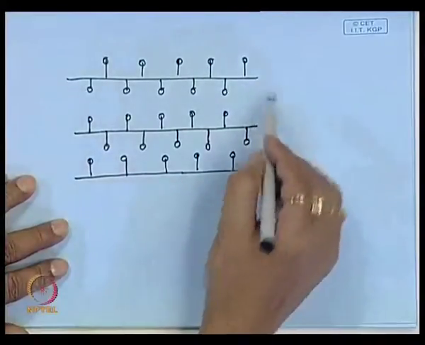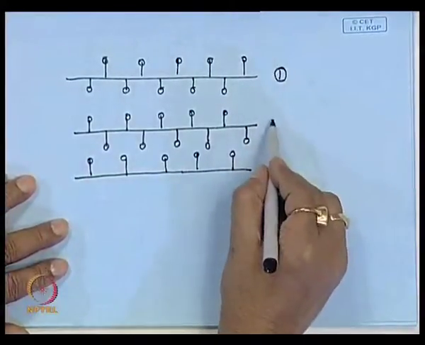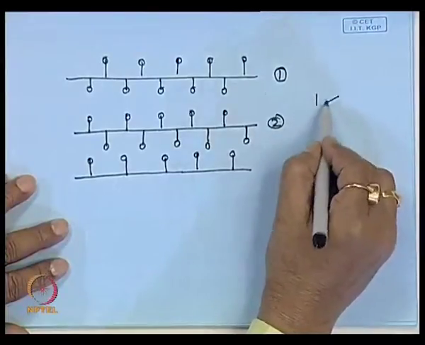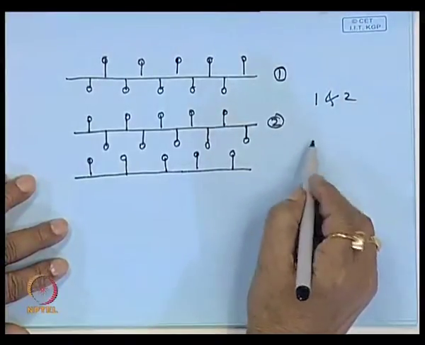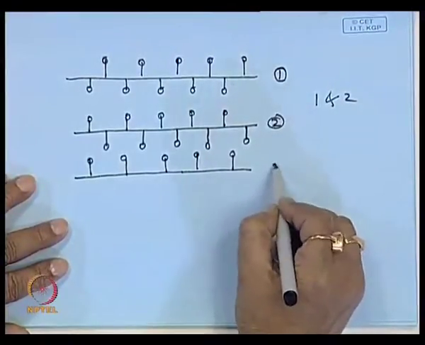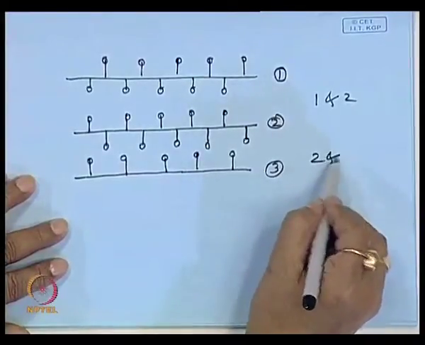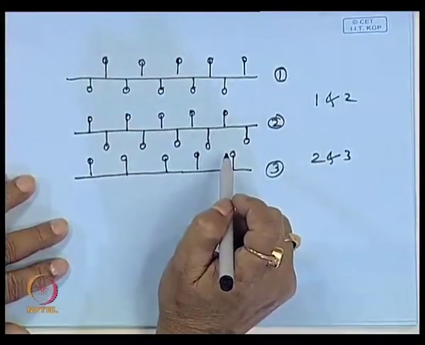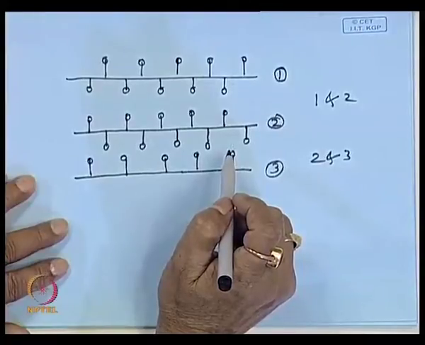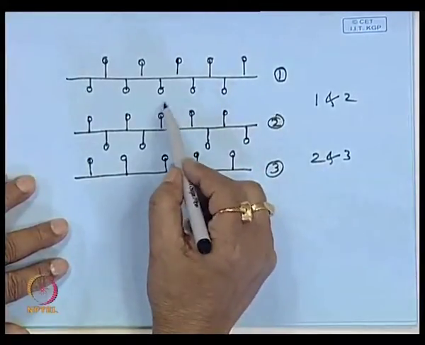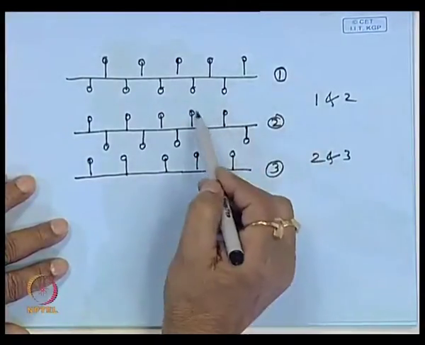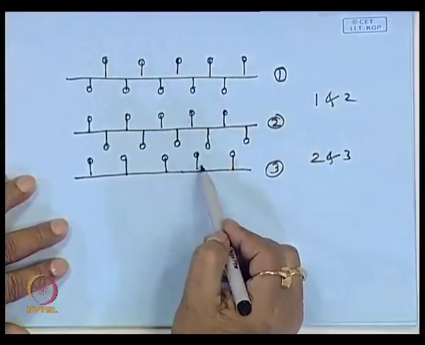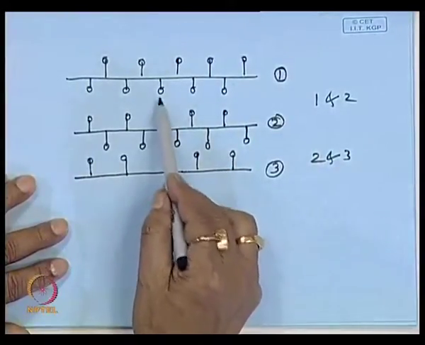Now, we compare the interaction between 1 and 2 and the interaction between 2 and 3. It can so happen that in this case interaction may be higher than this one, provided they are of opposite nature.